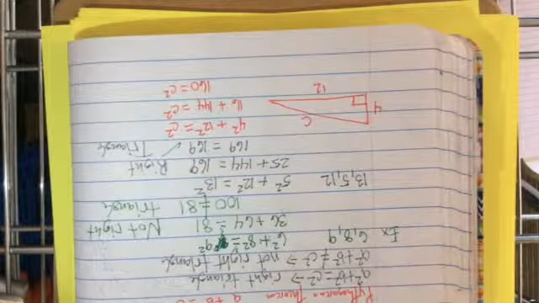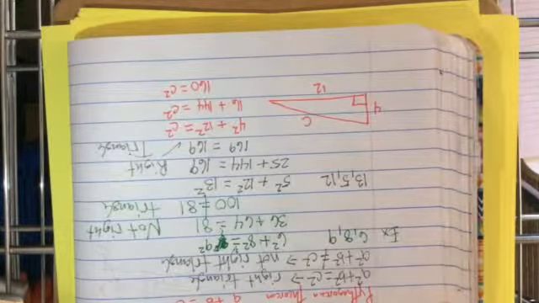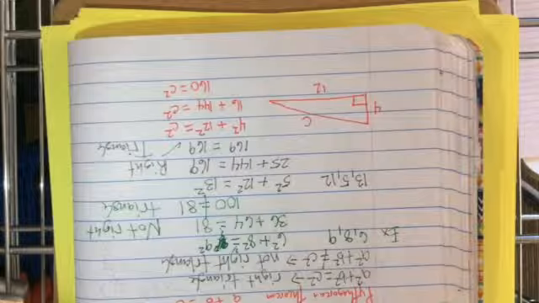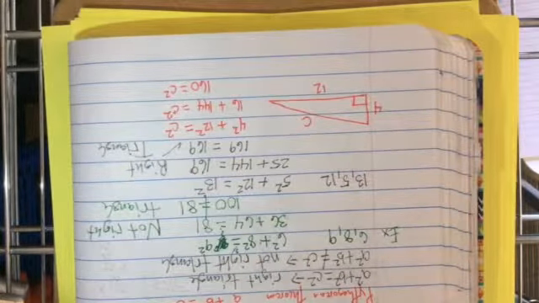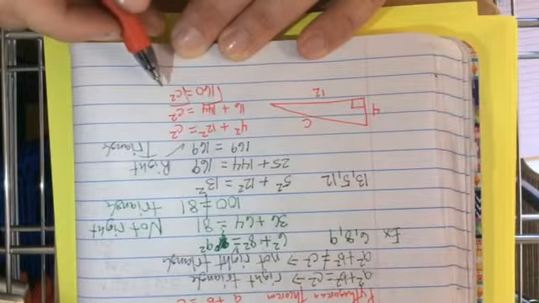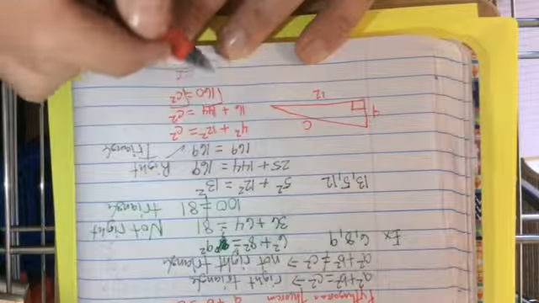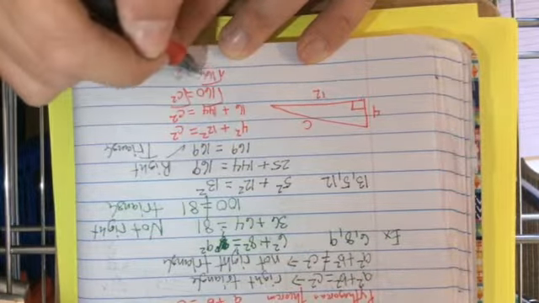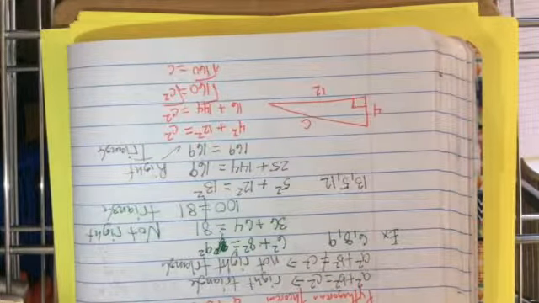C squared equals 160. What is the inverse of the square of something? It's the square root of something. Good, Jonathan. So we take the square root of both sides. So the square root of C squared is just simply C. And now we have a problem that looks a lot like something from before spring break.